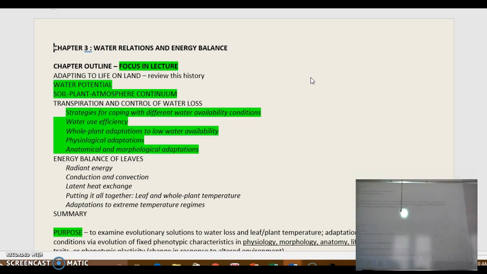But mesquite plants can also be found, I'm trying to think where else they are. 2 different locations, one of them is Texas. Mesquite plants can be a shrub, low to the ground, kind of shrubby plant, or in another location, very same species could develop into a tree. Okay, different outcomes, plastic response to changes in the environment. And it is the environment that determines which one of those is true.